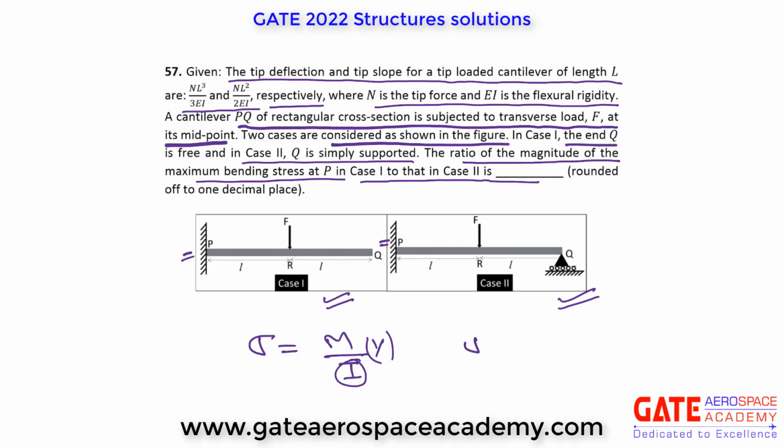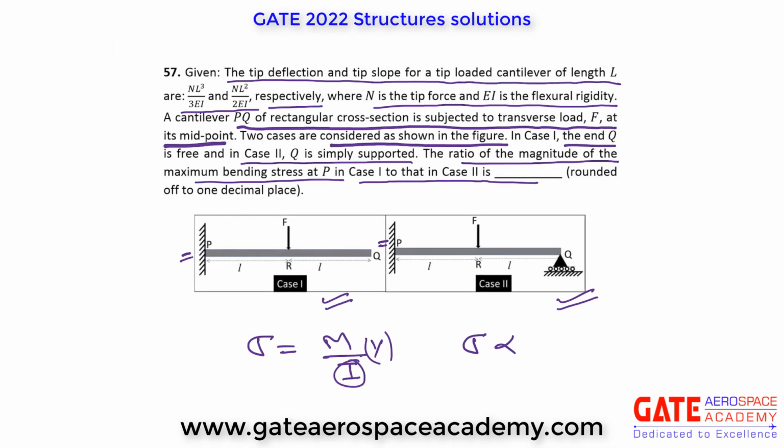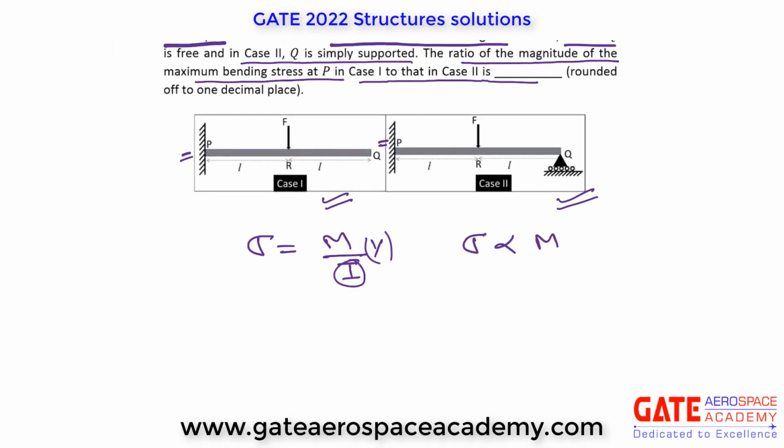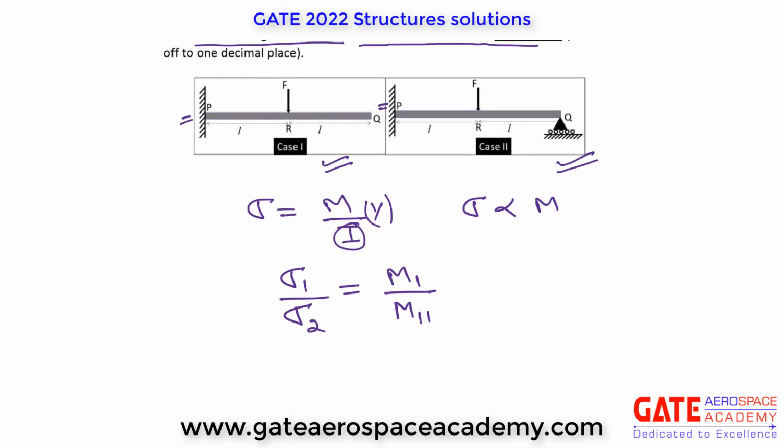So bending stress will be directly proportional to the moment, right? So for case 1 divided by for case 2 will be equal to directly the ratio of maximum moment for case 1 to the maximum moment for case 2.